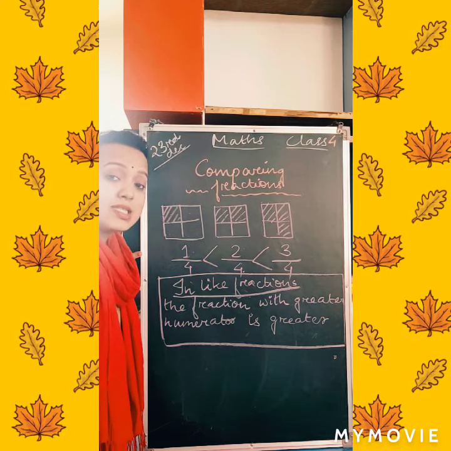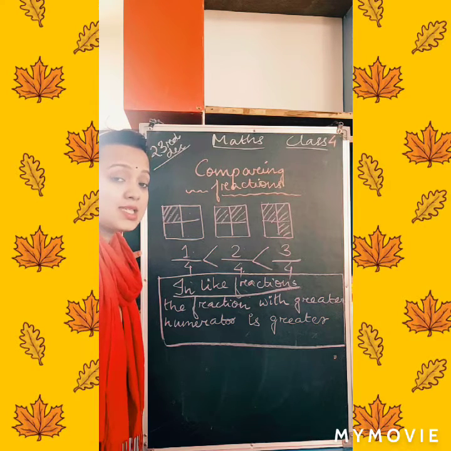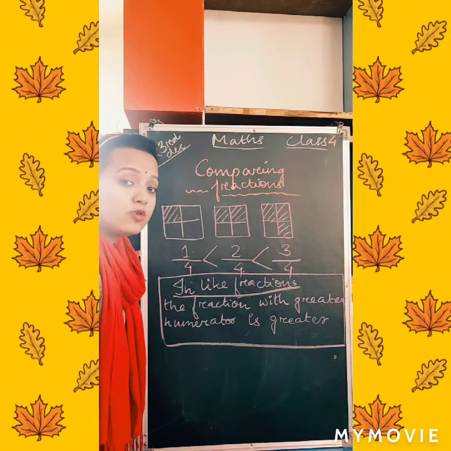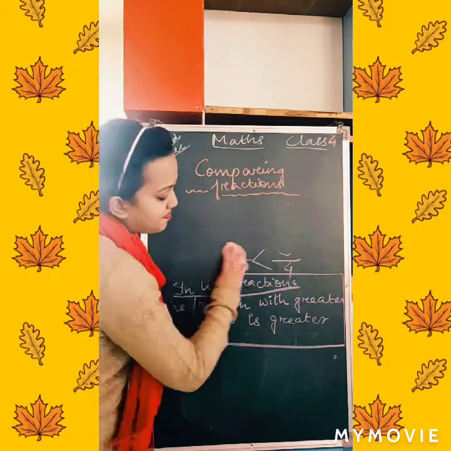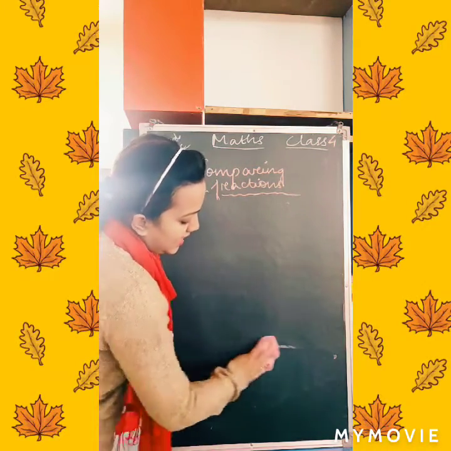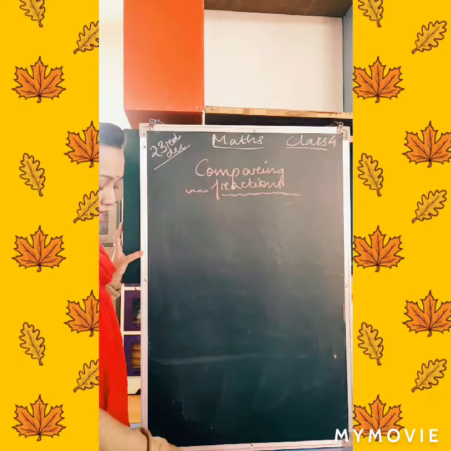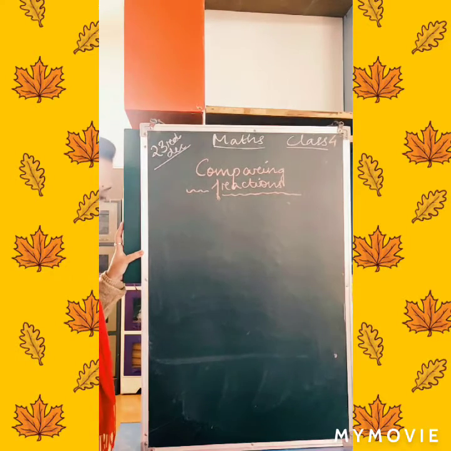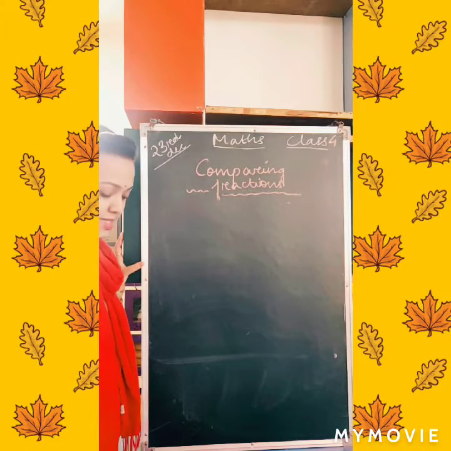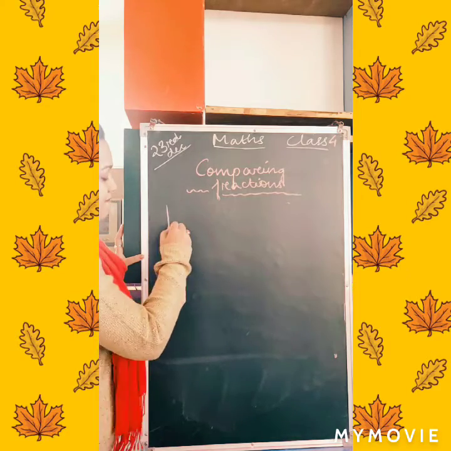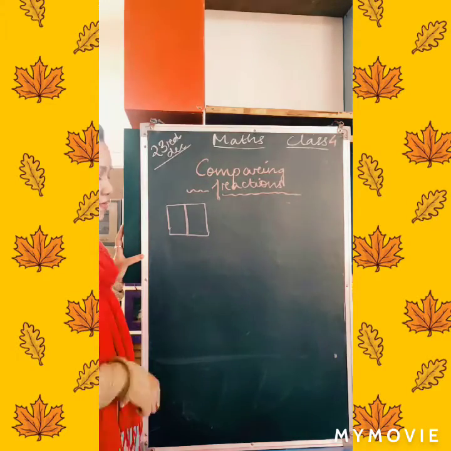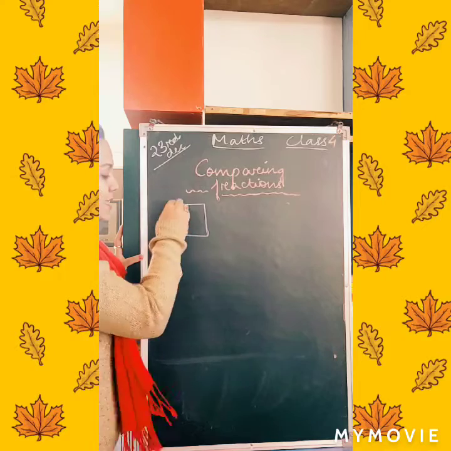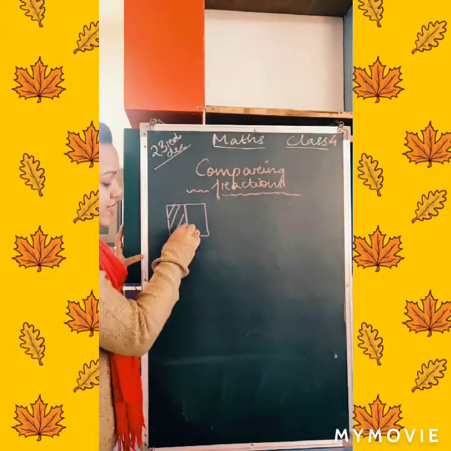What if this is not a like fraction and this is an unlike fraction? Then what do you do? Okay. For this, we are going to see another diagram. In this diagram, suppose I take a box, divide it into 2 equal parts, out of which one part is shaded.